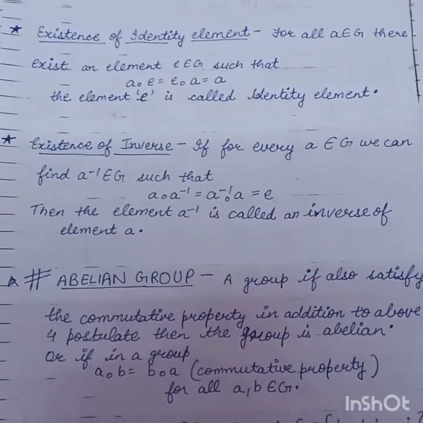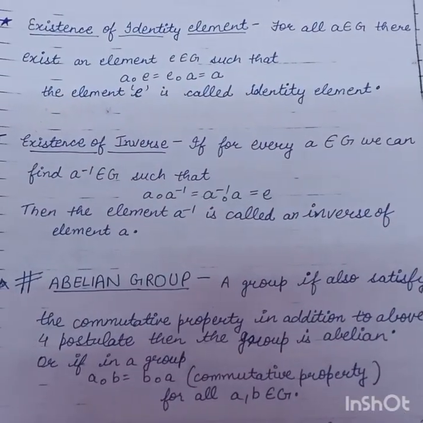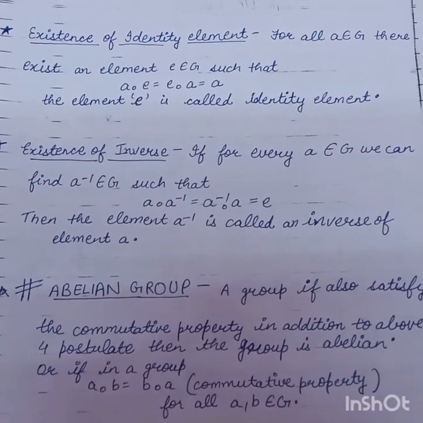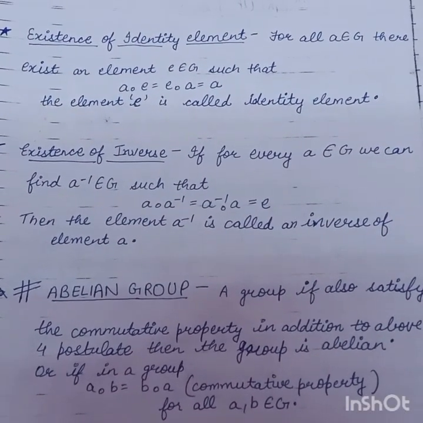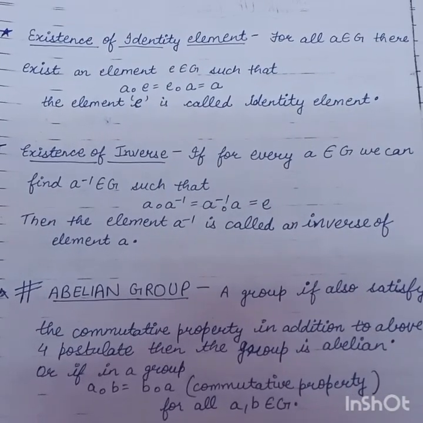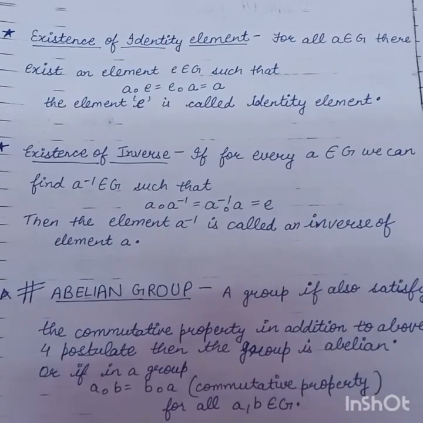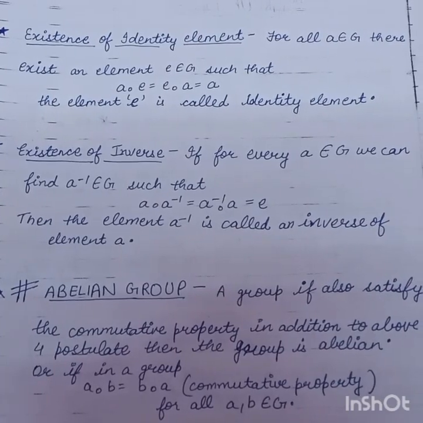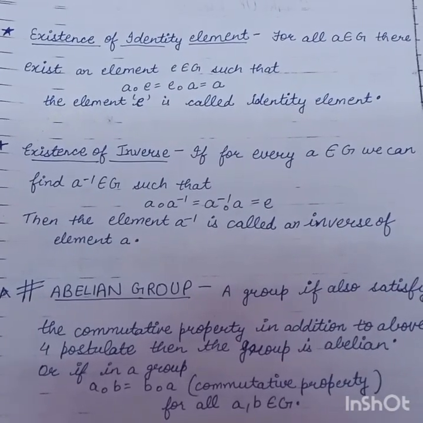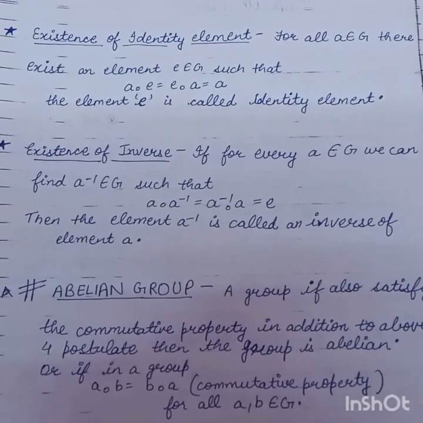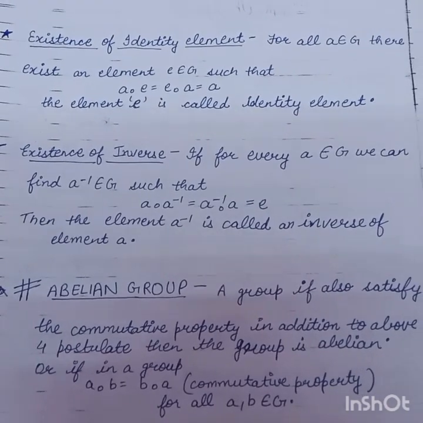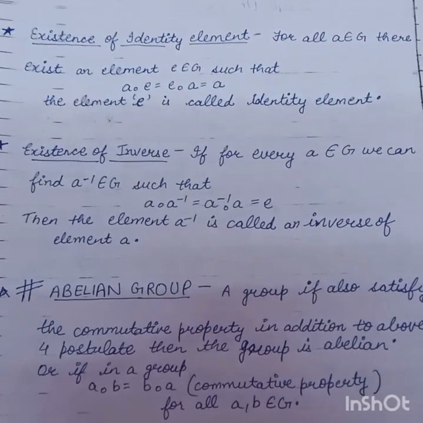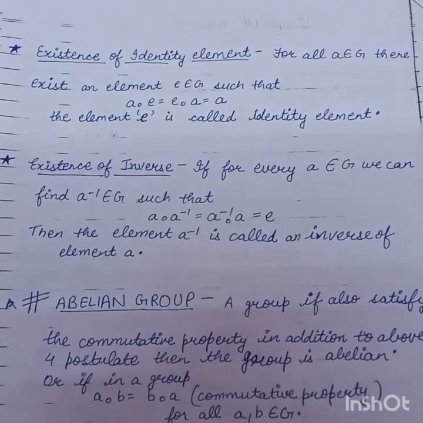Now the existence of inverse. For every a belonging to G, we can find a inverse belonging to G, or an element b such that a dot a inverse, or a dot b, is equal to a inverse dot a, or b dot a, which is equal to e, where e is the identity of the given group.